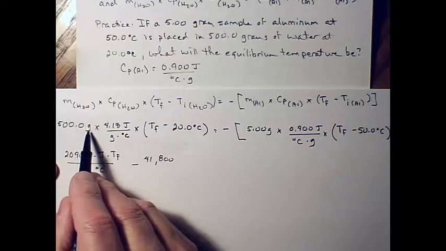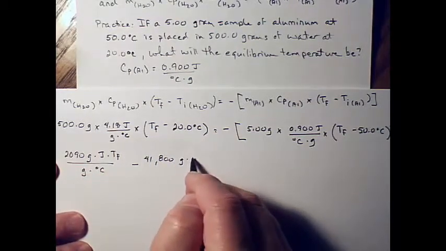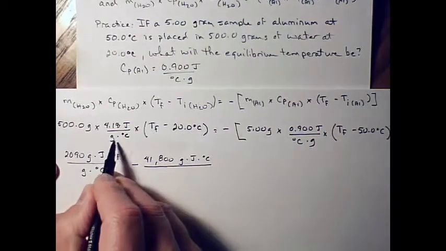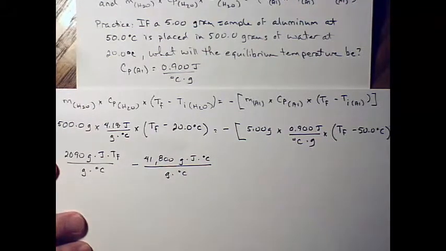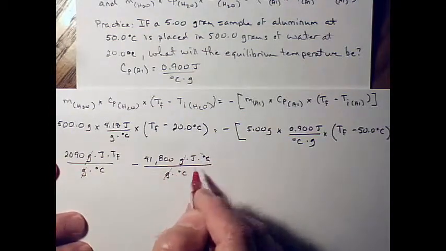Okay, and the units we have here are grams times joules times degrees C over grams times degrees C. We're going to be able to cancel grams here, and degrees C here.